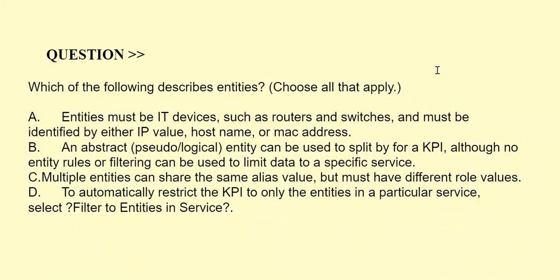Option C, multi-entities can share the same alias value but must have different role values. Option D, to automatically restrict the KPI to only the entities in a particular service, select filter to entities in service. The correct answer is option D.